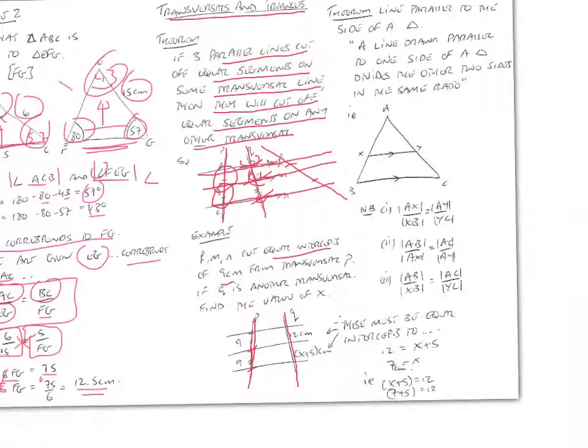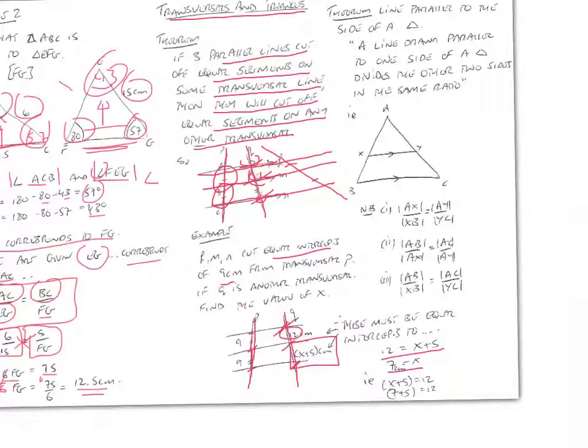Okay, but when Q strikes through, it creates a distance here of 12, but we know from the theorem that if this is 12, then this must cut an equal length equal to 12. Okay, so if we're to find x, then we simply say, well, x plus 5 must be equal to 12, so x is equal to 7. Okay, 7 plus 5 is 12, that's what we have there.